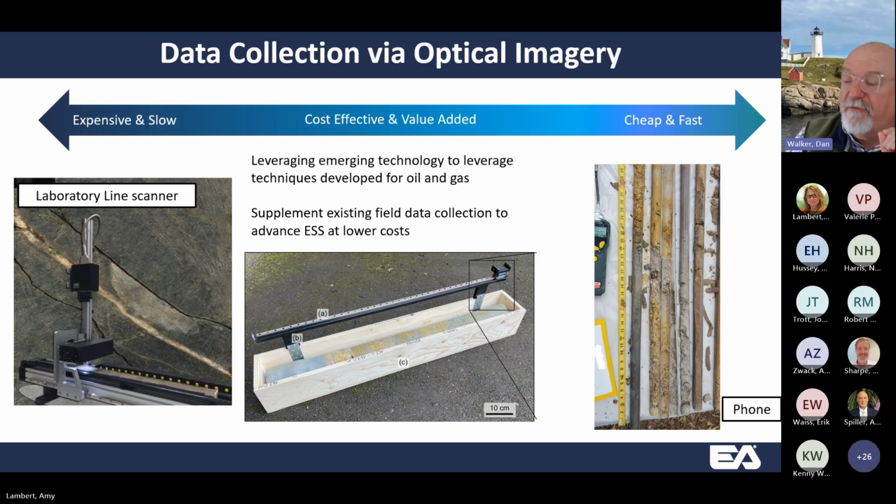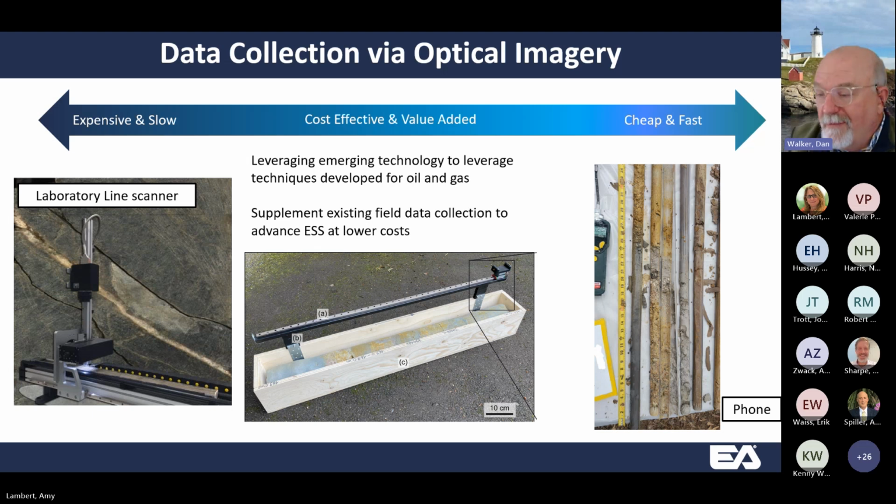We feel like every borehole is important, whether it's part of the SI, whether it's part of the remedial investigation, or whether it's part of a feasibility study or an actual remedial implementation project. And so what we want to do is find inexpensive ways to collect and maintain geologic information across all of those stages.